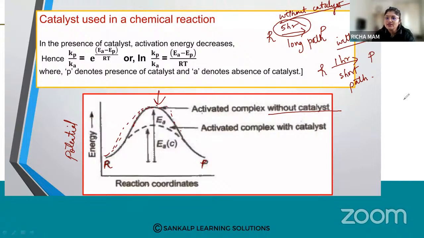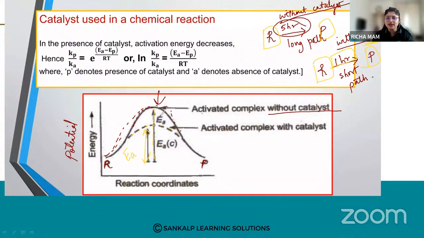Then with the presence of catalyst, the reaction will complete in 1 hour. The same product, same reactant, but only with the catalyst it will take a short path. So you can see that the EA, the activation energy, is low. Lower the activation energy, faster will be the rate of reaction.